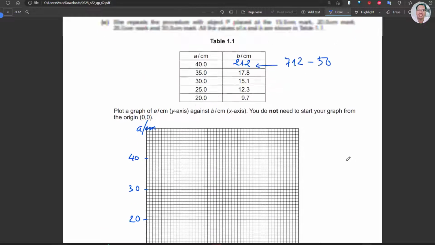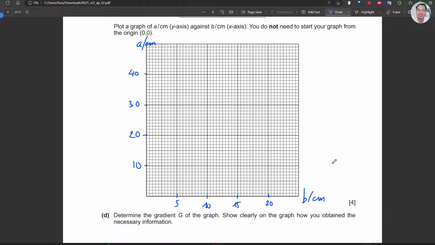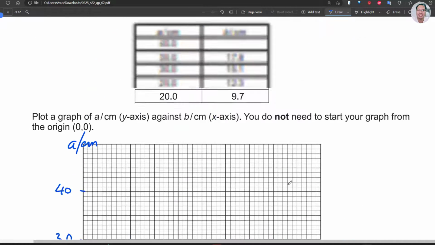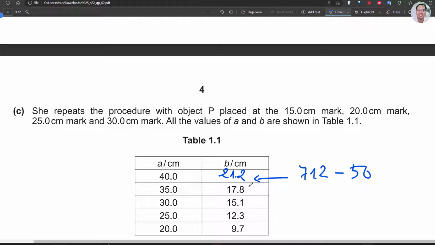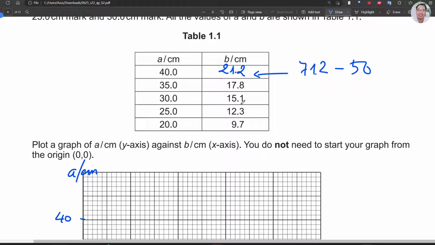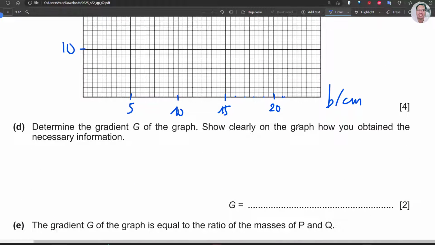Okay, so we need to determine 21. 15, 16 here, 17, 18, 19, meaning two tiny squares represent 1. 21.2 is a little bit tiny to represent 0.2 or 0.1, because each tiny square here represents 0.5, right? 1 here, 2, 3, yeah, so each square represents 0.5.